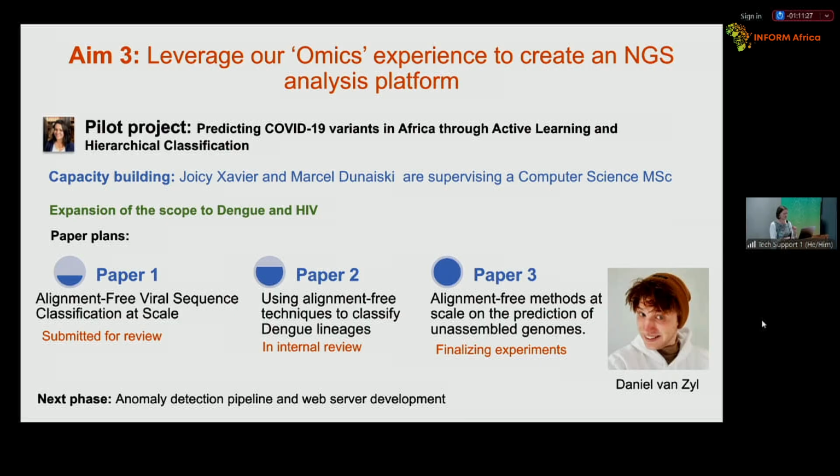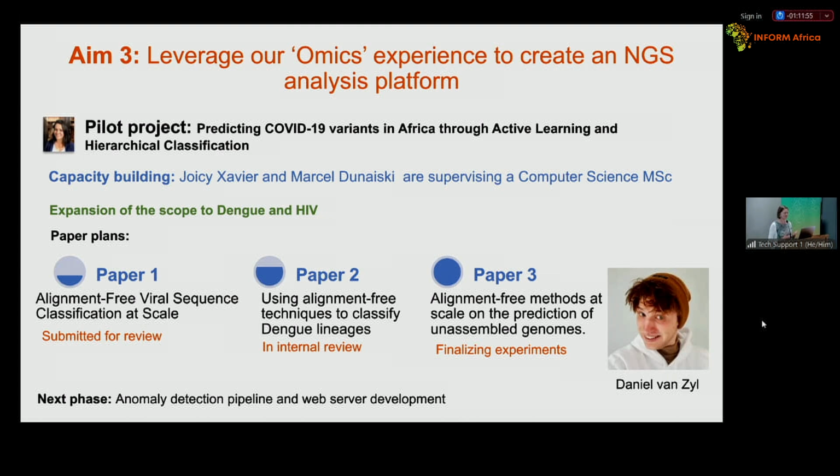This is about applying machine learning and other tools to make variant assignment much easier. This has been a very productive student who is going to produce 3 papers on alignment-free techniques. Basically, he manages to reduce what takes many hours to minutes.